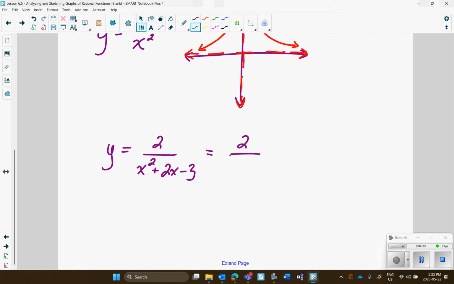We can factor it. In order to find the NPVs, the vertical asymptotes, it has to be in factored form if I can. So I'm going to get x plus 3, x minus 1. Remember, the horizontal asymptote is still this.